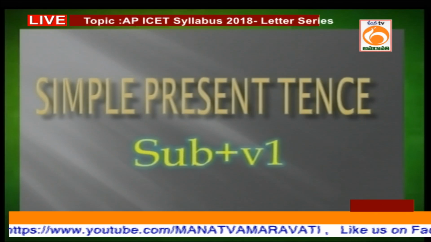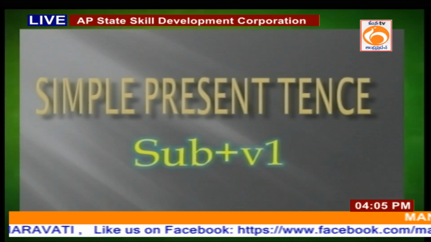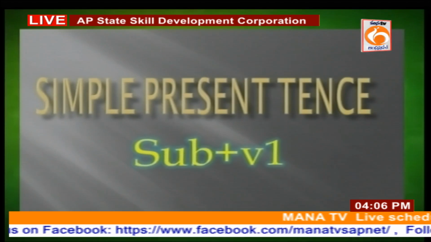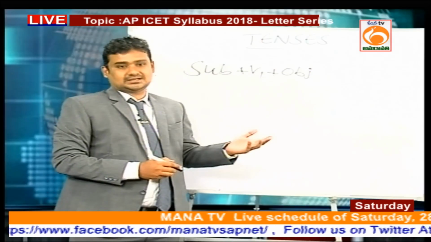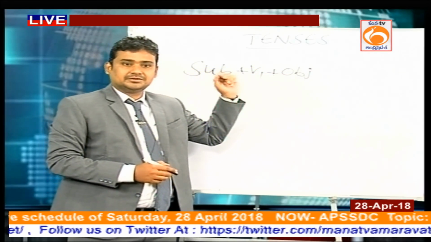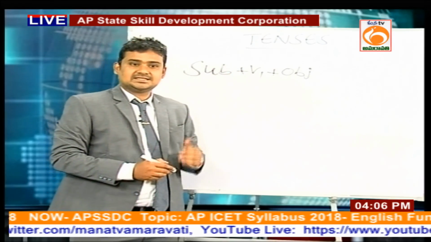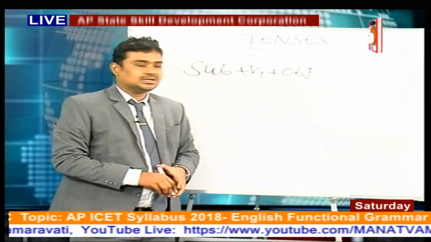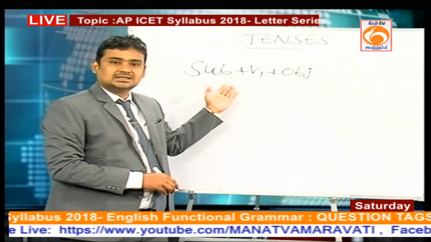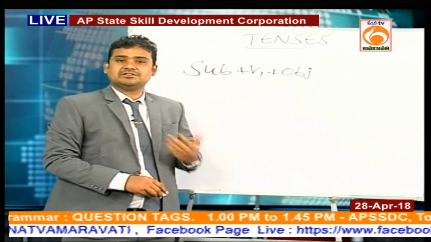What is the object here? Some transitive verbs take an object, while intransitive verbs do not. Some V1 forms take an object, and such verbs are called transitive. Some V1 forms do not take an object, and such sentences are called intransitive. So the basic structure form of the simple present tense is subject plus V1 plus object.